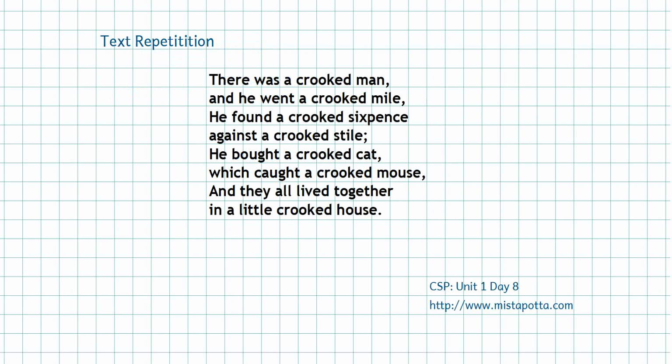I think starting with a repeated phrase is an excellent place to start. So every time that I see "a crooked," I can replace it with the number 1. So this "a crooked" can be replaced with the number 1, and this one, and this one, and this one, and this one.